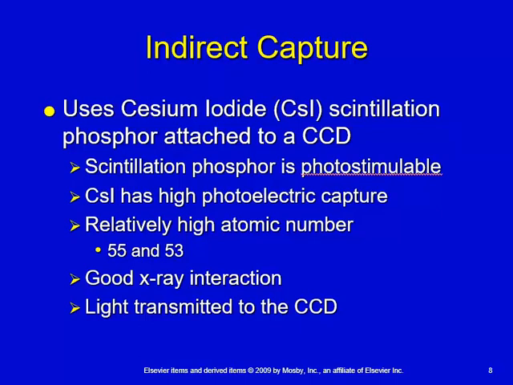So it's a relatively high atomic number. The atomic numbers for cesium and iodide are 55 and 53. And in that way, we get good light interaction and good light transmission to the charge-coupled device.